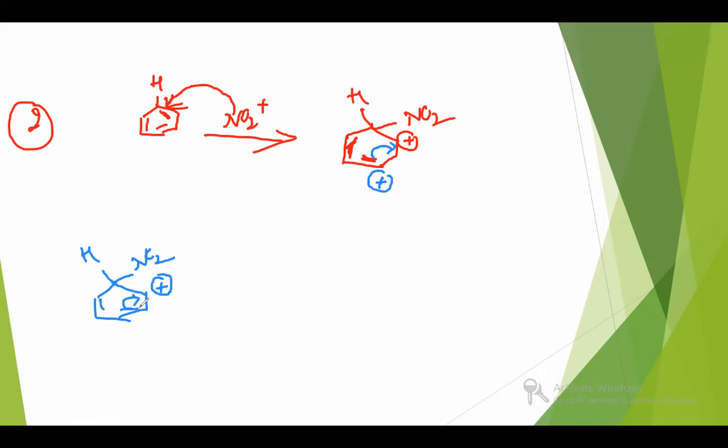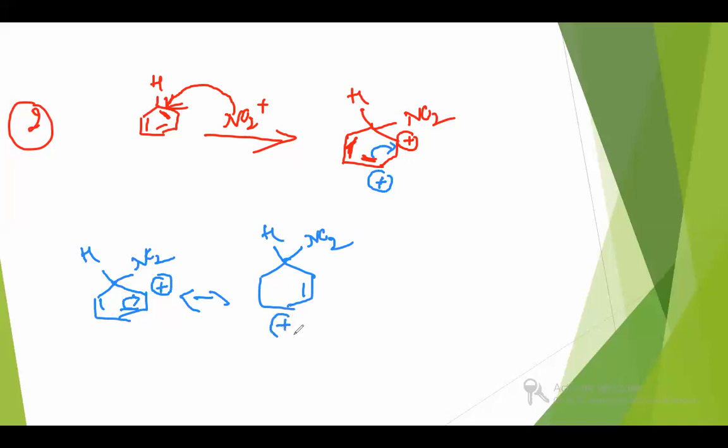If it donates an electron here, electron density will form, so we get a reversible structure, and this keeps on changing. Now there is one double bond here, and here hydrogen and NO2.